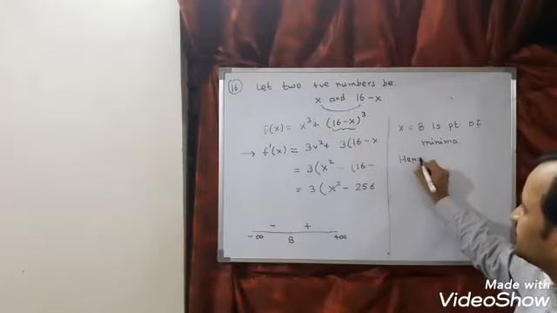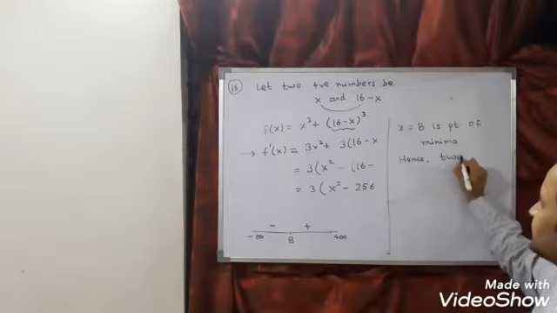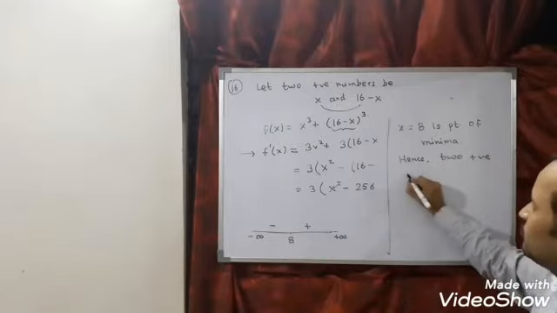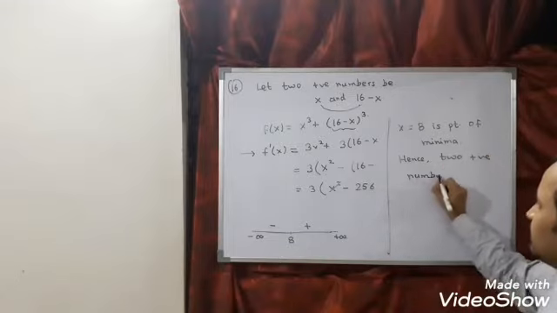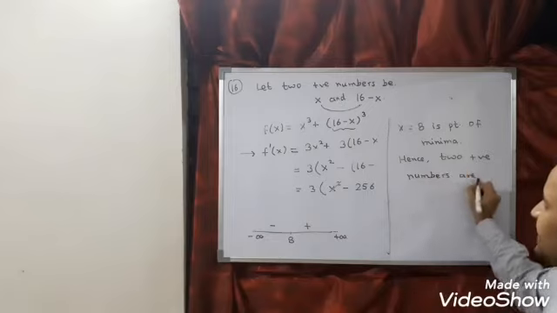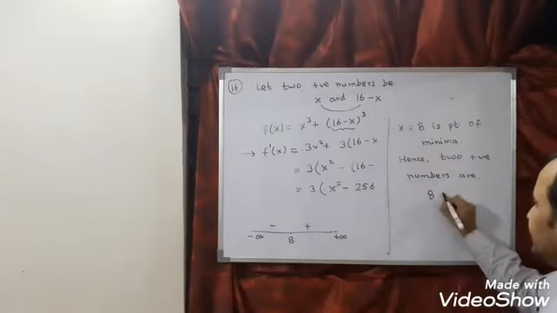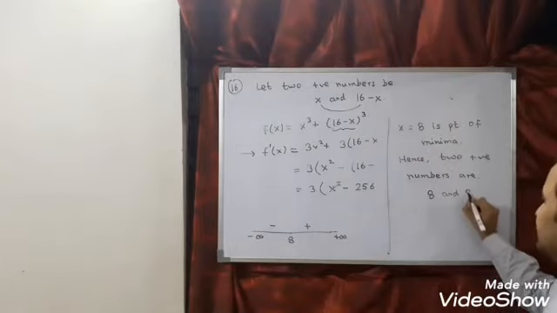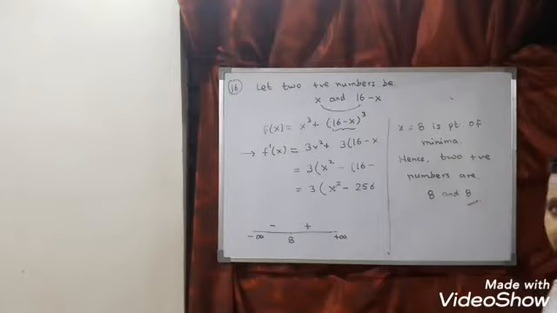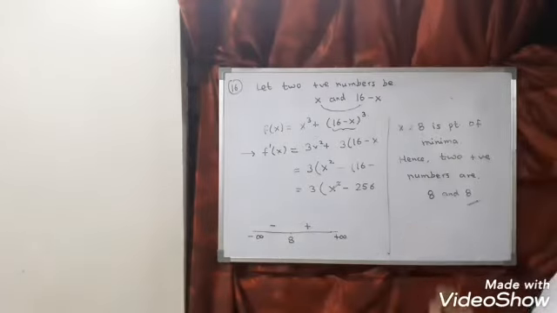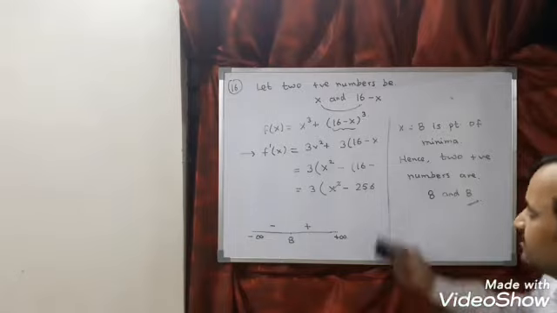Hence, the two positive numbers are: one is x, meaning 8, and 16 minus 8 is again 8. So one number is 8 and the other number is also equal to 8. So this question is similar to the previous one. Let us proceed further.